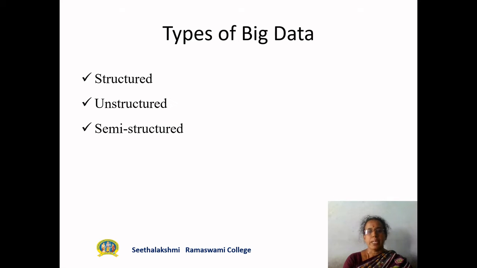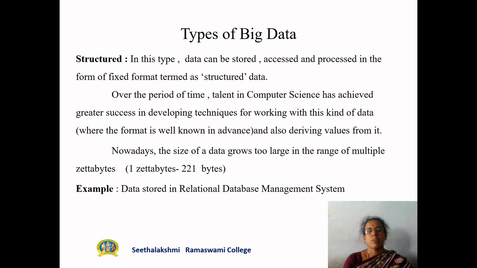Types of big data. The three types of big data are structured, unstructured and semi-structured. First is the structured type of big data. In this type, data can be stored, accessed and processed in the form of fixed format, termed as structured data.